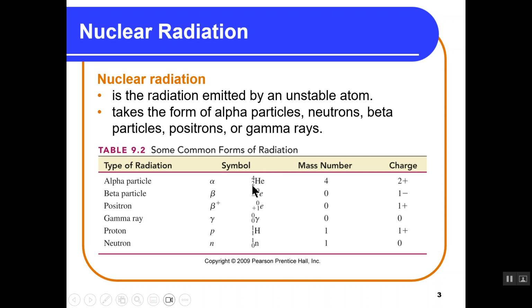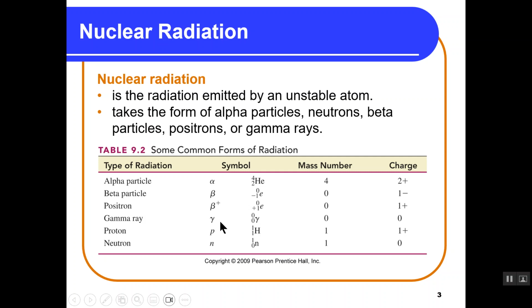So this is the helium 4 nucleus. You have what is called a beta particle, which is basically an electron, where the mass number is 0, but the atomic number is said to be -1. You have a positron, which is basically the opposite of an electron, where it has an atomic number of +1.